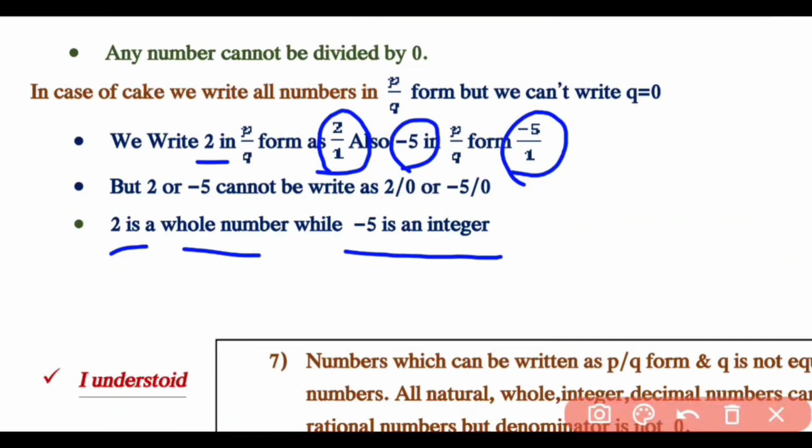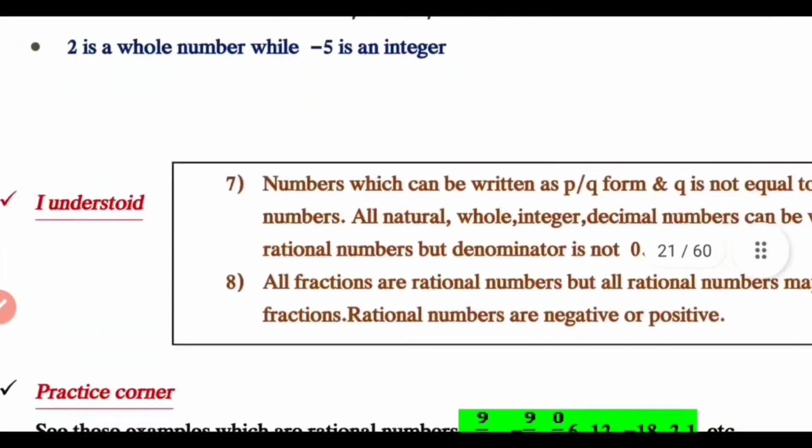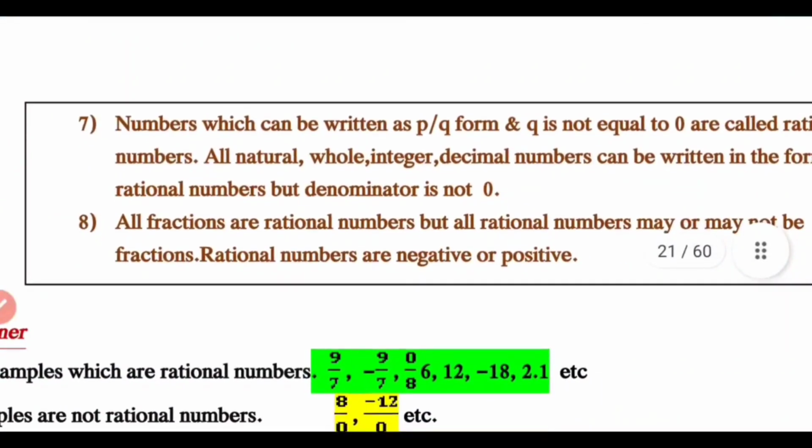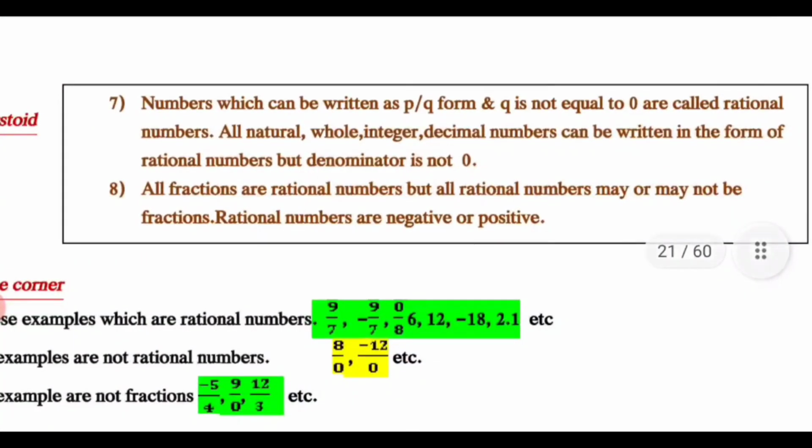Now let us go to the next point. A number which can be written in p upon q form, where q is not equal to 0, is called a rational number. Just now I have told you: when it is written in the form of p upon q, that means numerator denominator, and the denominator is not equal to 0, then such a number is known as a rational number.